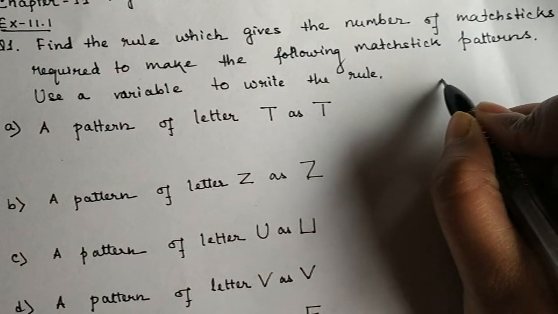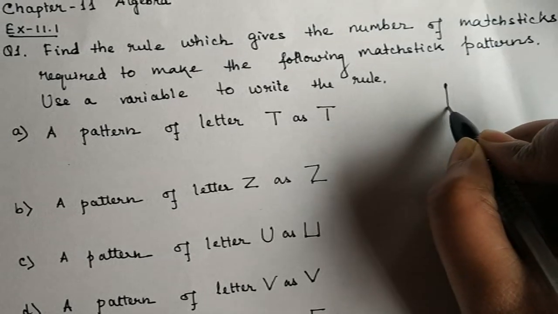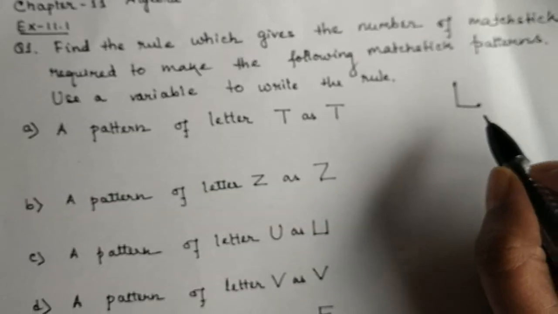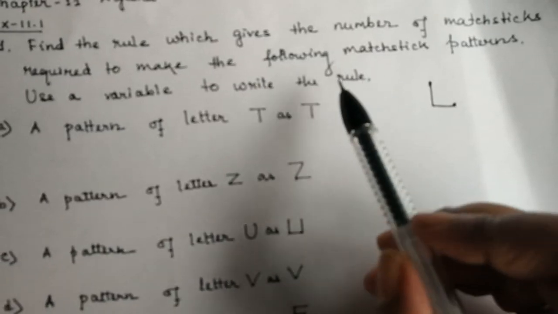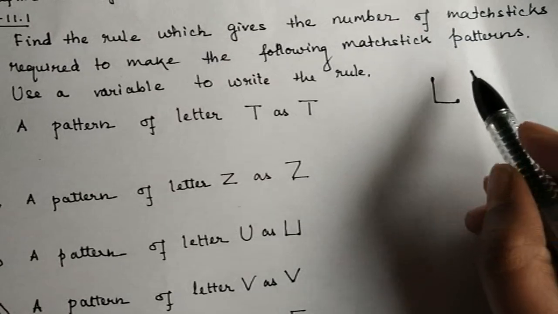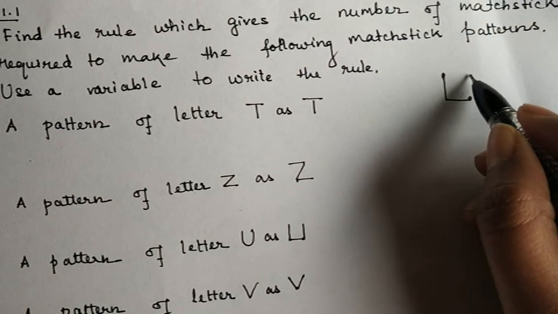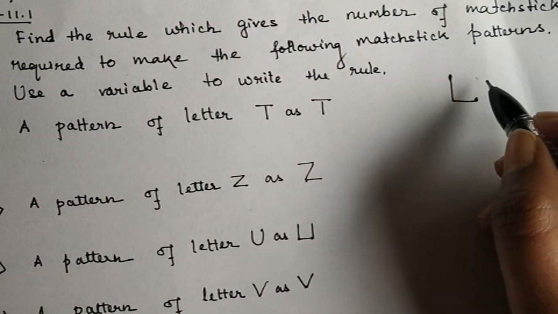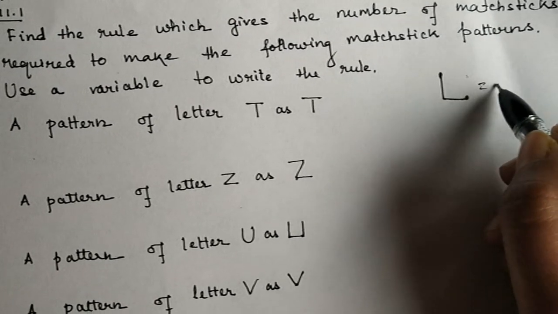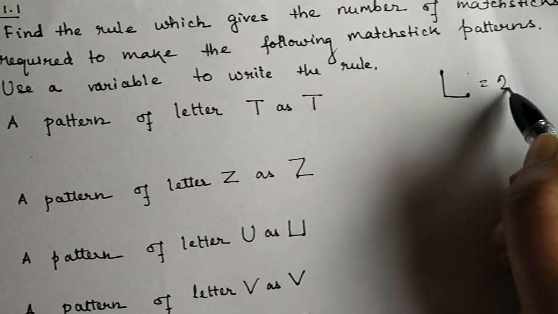Suppose I have taken L, in which two mastics are used. Now we have to find how many mastics are required if there are, say, 15 L's or 16 L's. So in one L what we have seen is that two mastics are used, right?